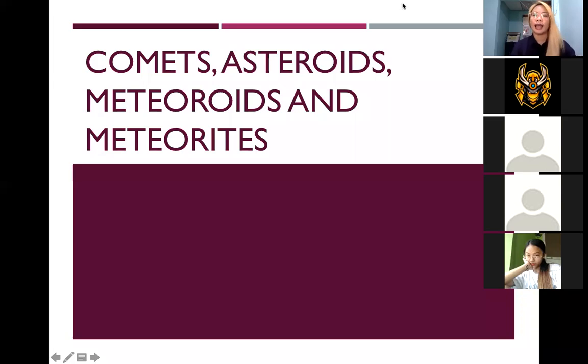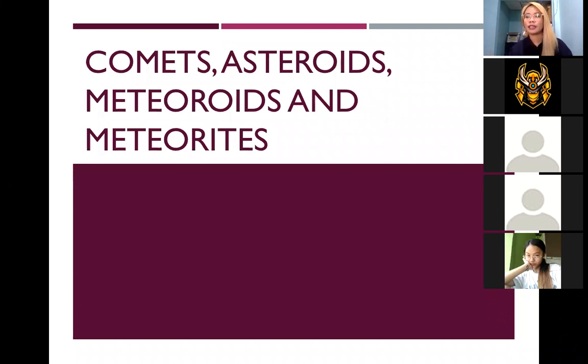Our last topic for the second quarter is all about Earth and space. During elementary, the focus of the science topics for Earth and space is all about the sun and the different planets in our solar system. For grade 8, our focus is about the other members of the solar system.